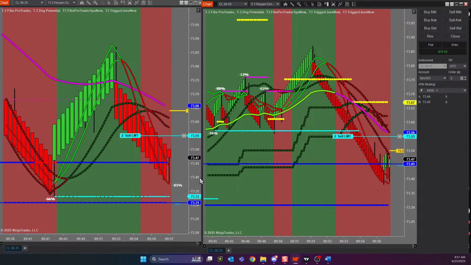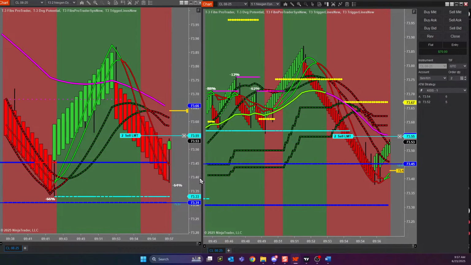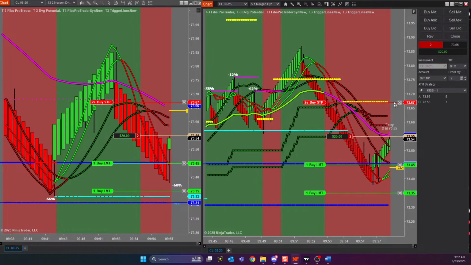We're going to take a pullback to an area inside of triggers. Our stop will go a couple ticks above the triggers. If they get us, look at them, they're trying. I have momentum, I have an entry, 1, 2, 3, 4.